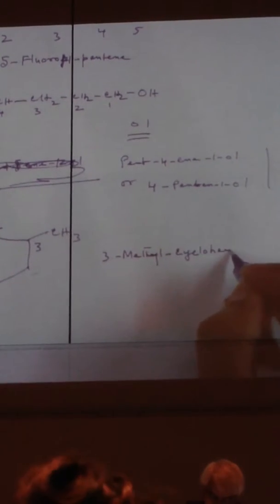We have to start from this side, which gives the lowest number to the other substituent, which means that this is a 3-methylcyclohexene.